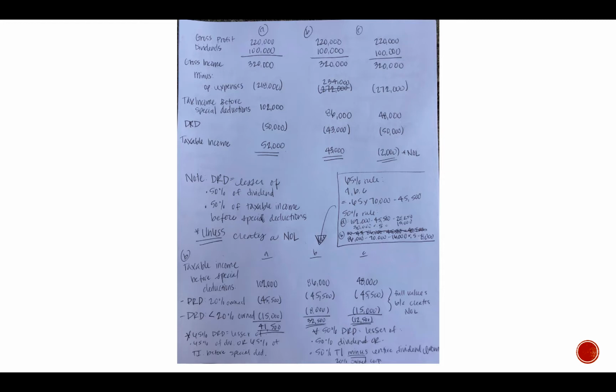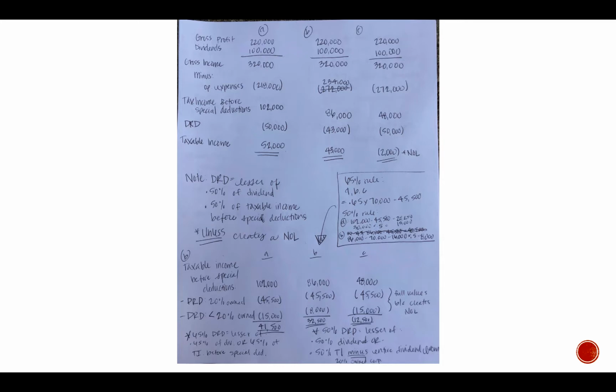In Part B, we started with taxable income before special deductions of $86,000. From there, we subtract the dividends received deduction for the 20% owned stock. Again, our limits are going to be 65% of the dividend, which is $45,500, or 65% of the taxable income before special deductions, which in this case is $86,000.